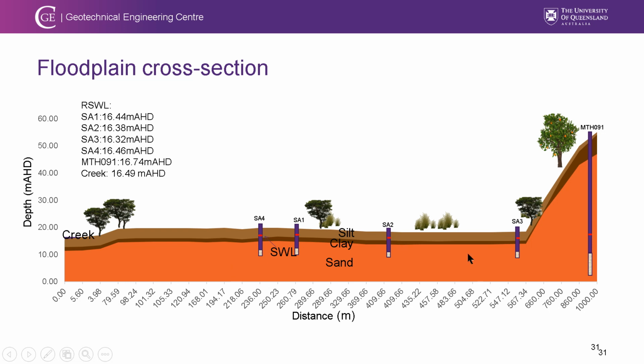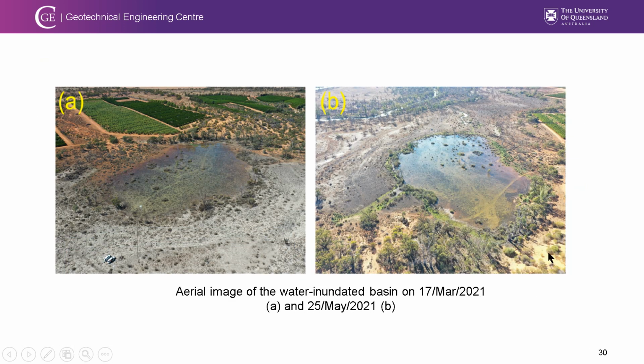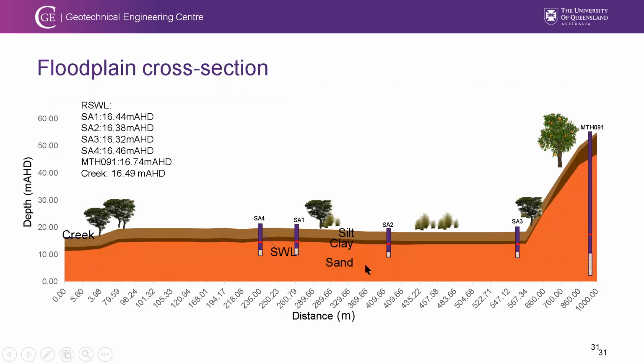Another important thing here is that the water table at all those locations is the same, which means there is no groundwater level higher on one side of the pond as compared to the other, which is very important for us to be able to use a radial 2D model to simulate the pond impact.